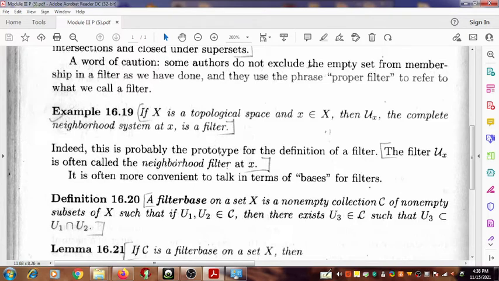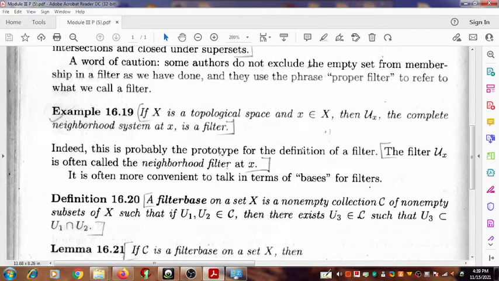The concept of filter actually developed by generalizing the concept of the complete neighborhood system at a point x.